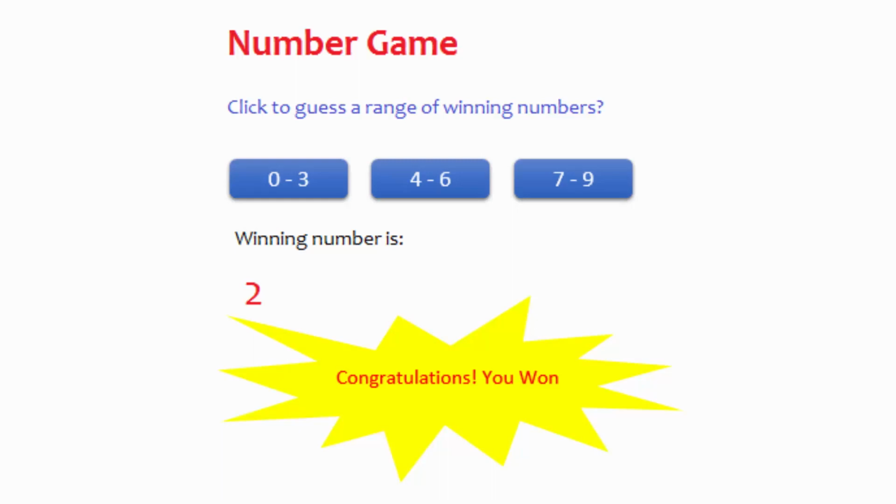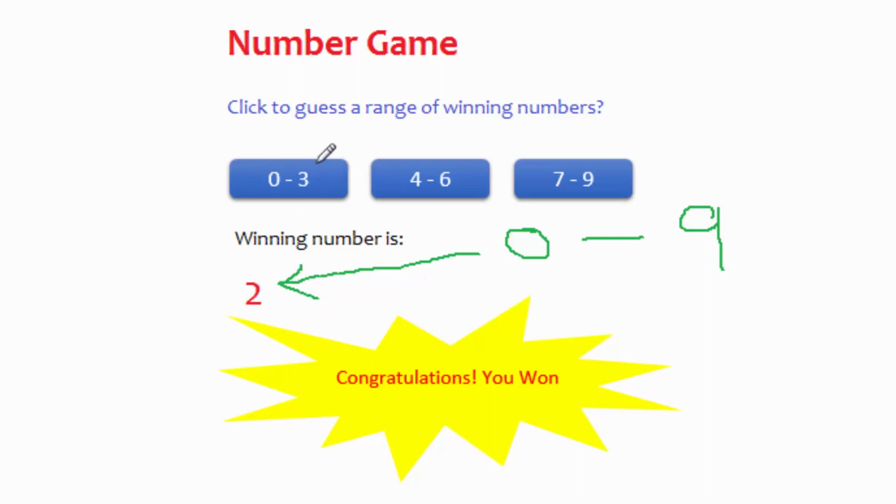Today I want to show you how you can make an app which is also a game which people can use to play. Here in this game I have called it number game because the computer will generate a unique number between 0 and 9 here, and the user will be required to choose the range in which he or she predicts the number will fall into.